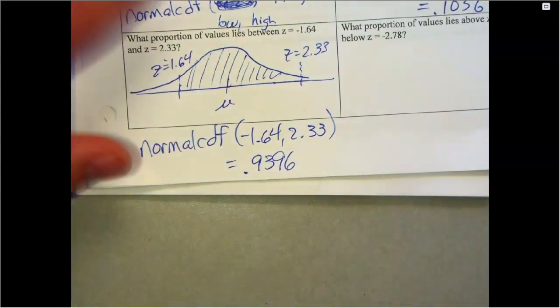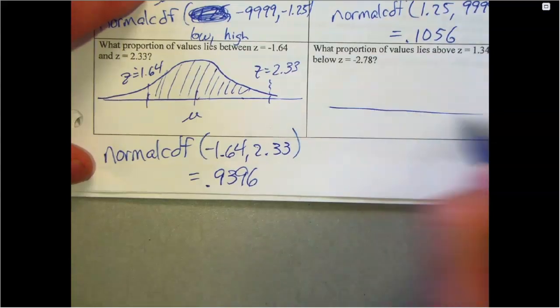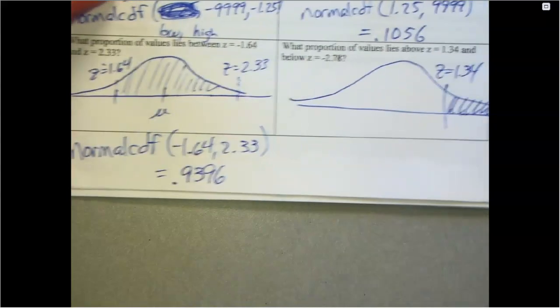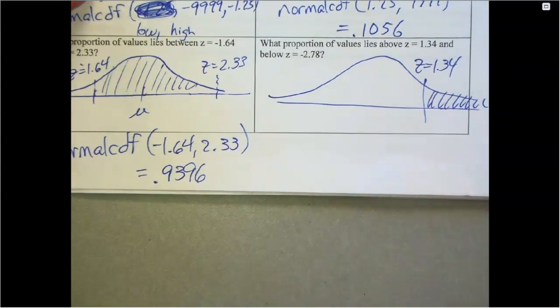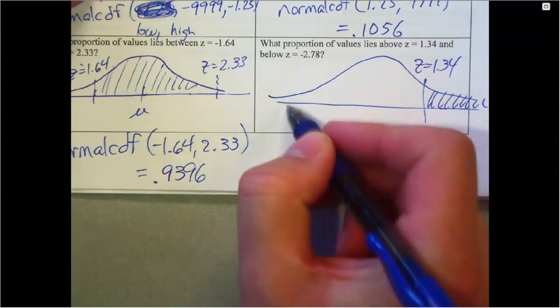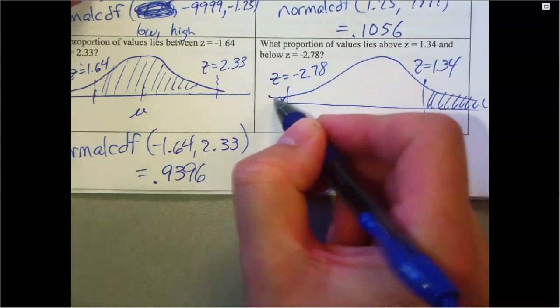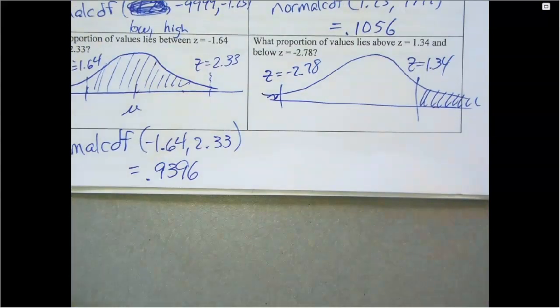And then this last one, I just want to show you there's two ways you could do this. They're saying above 1.34, so that bit there, and below negative 2.78.